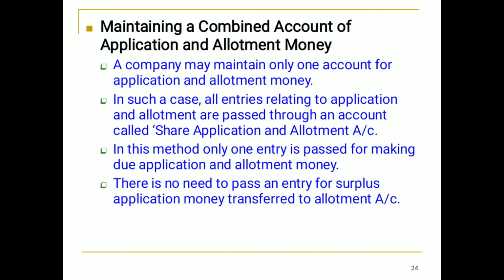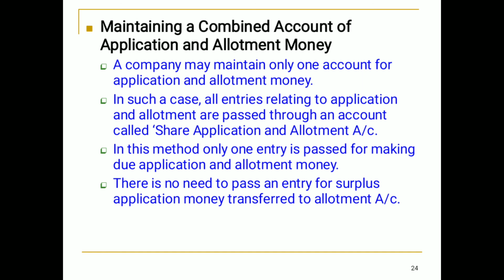Yes, so let us read these points in detail. A company may maintain only one account for application and allotment money. That means whatever amount is received for application will be transferred to application and allotment money. Even the amount which is received for allotment money will be transferred to application and allotment money. Why? Because the company is maintaining a combined account.